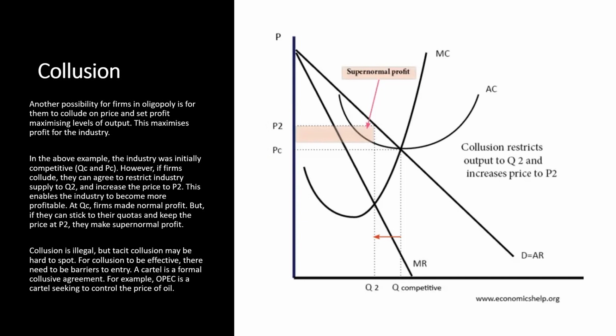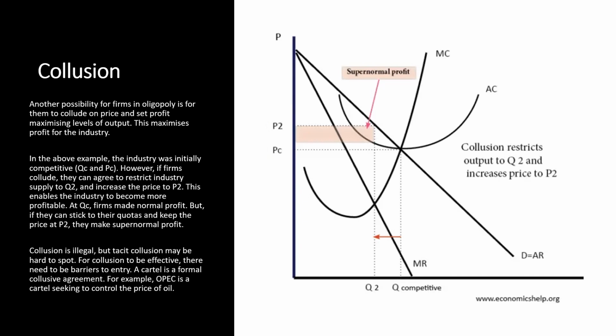So as you can see here, when they collude, they can go to P2 and start making supernormal profits. It enables the entire industry, when they collude, to become more profitable. So at QC, they just made a normal profit. But if they can stick to their quotas and keep the price at P2, they can make a supernormal profit.